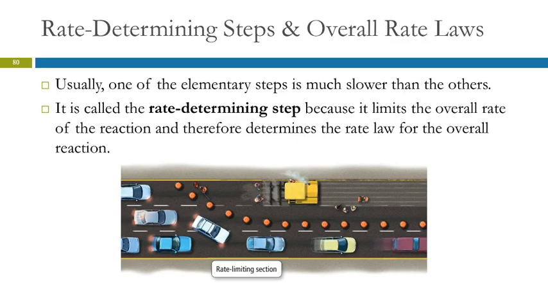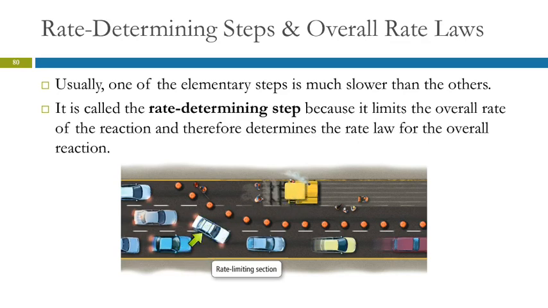So usually one of those elementary steps is much slower than the others, and we call that the rate determining step, because that's the holdup. It's the thing that limits the overall rate of reaction. If you got rid of that or you altered it somehow, you could speed up the whole process. So it's a little bit like a traffic situation like here, where they're working on the road and they've got this lane closed off, right?